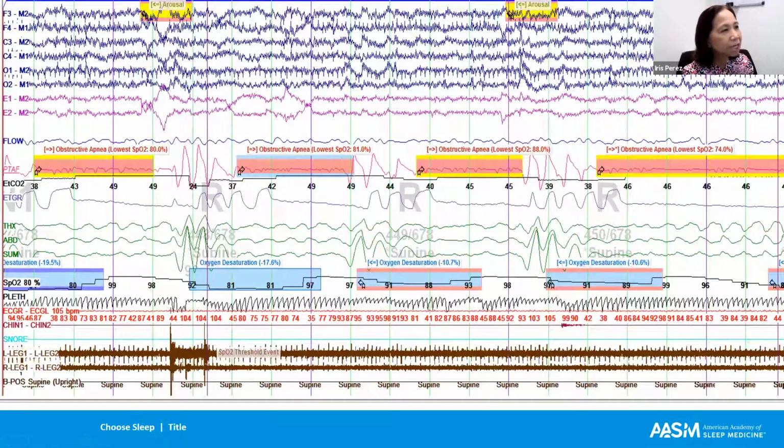As you can see here, the obstructive apneas can be short or prolonged, but when they come in series, they're associated with significant oxygen desaturations.